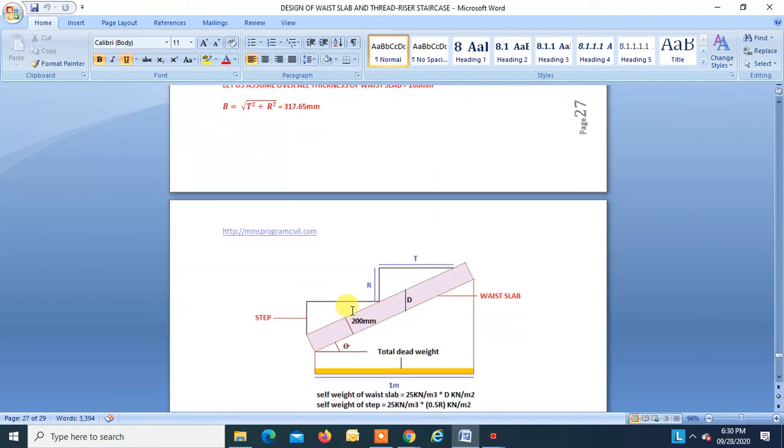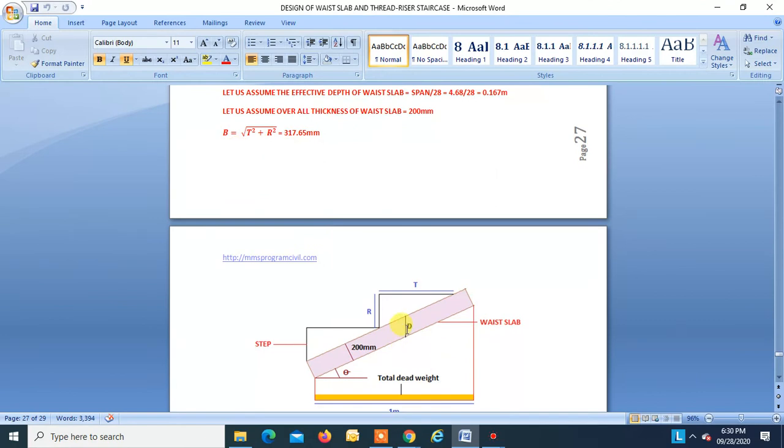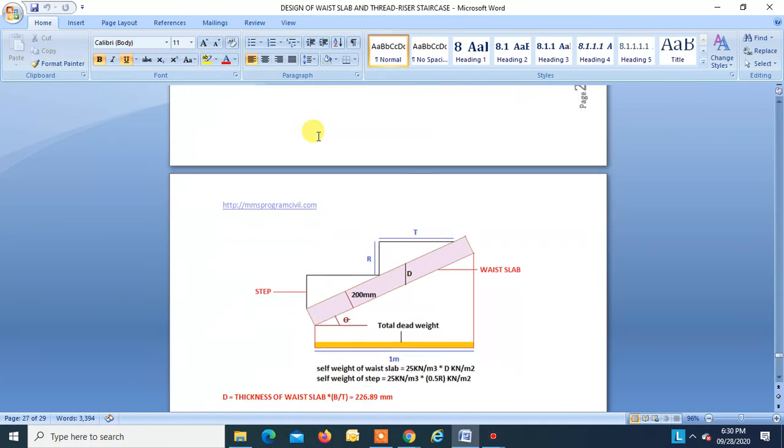Okay, now we have to find the load on the horizontal projection. So we have to find this D, right? So for finding this D, we have to find first B. B is this, that is equal to under root of T square plus R square. Okay, so that is 317.65.